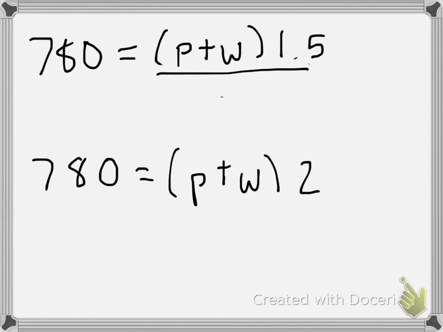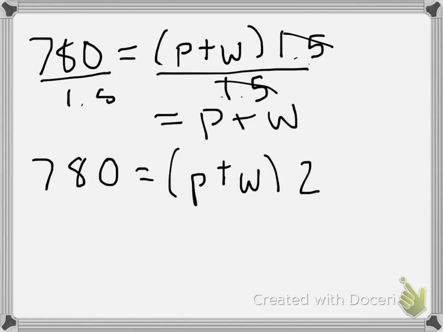I'm going to divide both sides of this equation by 1.5. Okay, that'll cancel off these 1.5s over here, leaves with just a p plus w on the right-hand side. Over on the left, we just want to take 780 divided by 1.5, throw that into your calculator, you'll wind up with 520.